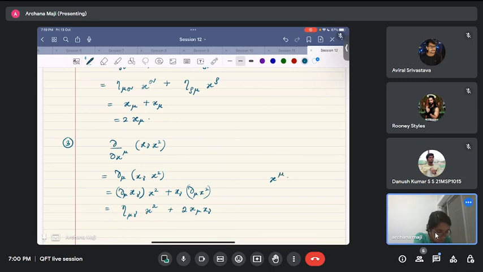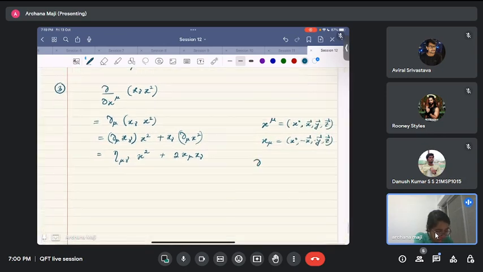X mu as per our convention is x y z, but x covariant, you know that it's minus x minus y minus z. So when you are taking this derivative del mu x nu, the first element, this is del 0 x0, del 1 x1, del 2 x2. So instead of writing x y z, let me put x1 x2 x3.